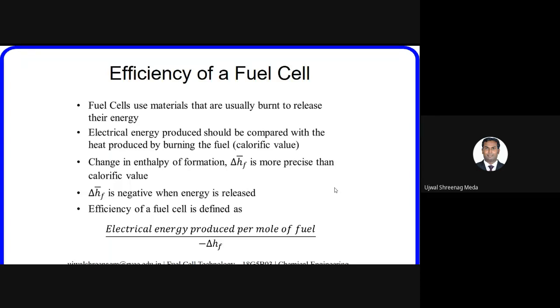So what are the different forms is what we briefly discussed in unit 1. So what was that? The chemical potential is nothing but the enthalpy. When we talk about chemical potential, the enthalpy, entropy, and Gibbs free energy come into picture.